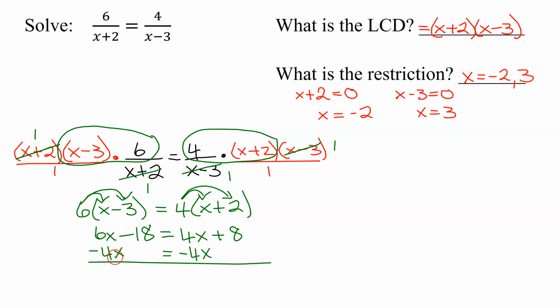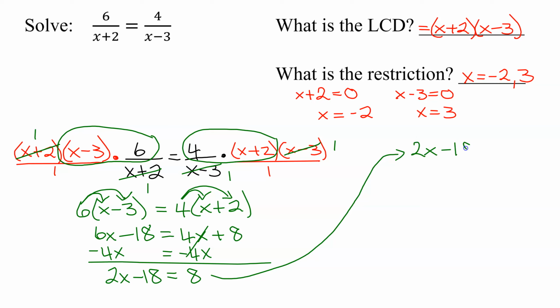So I get 6x minus 4x is 2x minus 18 equals 4x minus 4x is 0. So the only thing on the right-hand side is 8. And since I'm running out of room, I'm going to go work up here. So let me rewrite that as 2x minus 18 equals 8.